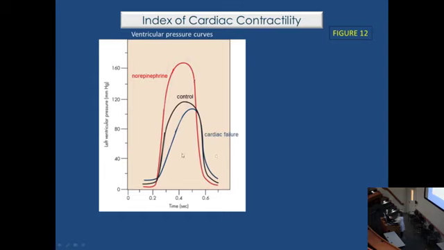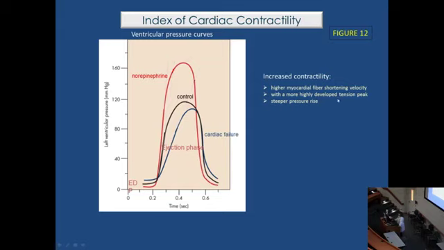You see how different the curves are, and already you can distinguish all the parameters that are being changed. One of them is the end diastolic pressure being different, lower in the case of norepinephrine stimulation and higher in cardiac failure. Also, the duration of the ejection phase is different between them.